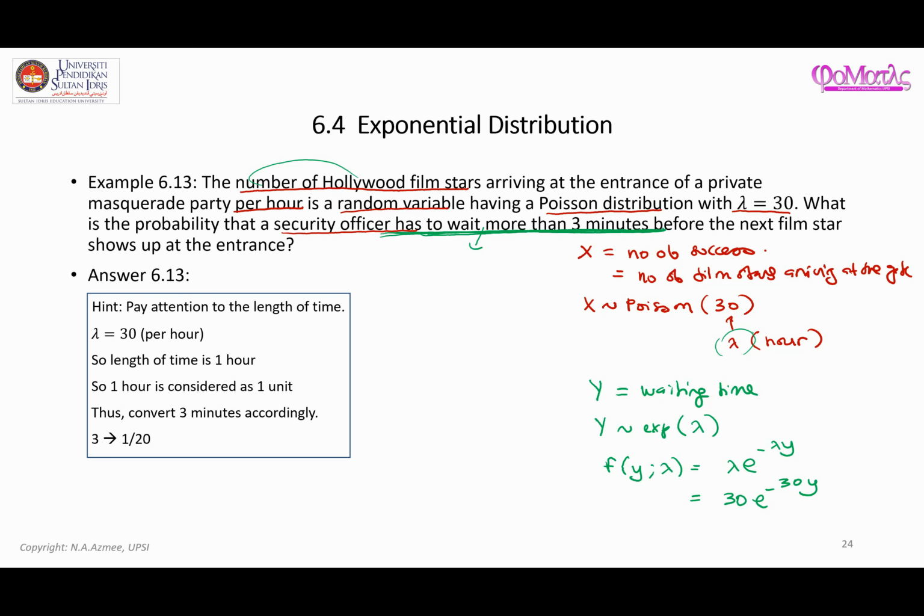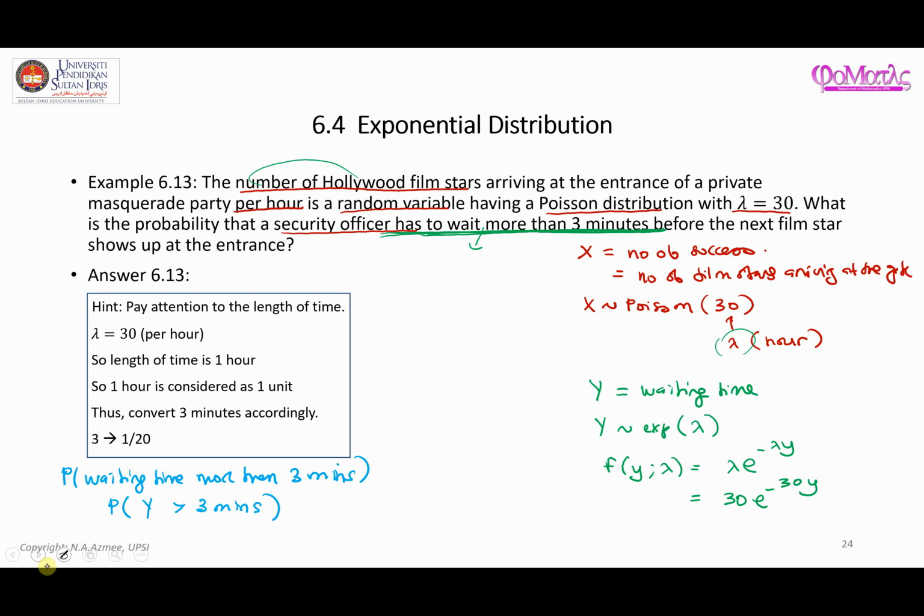Now, the question is asking us to find the probability that the waiting time is more than 3 minutes. If you want to translate that into a mathematical statement, you are looking to find the probability that your random variable y is going to be more than 3 minutes.